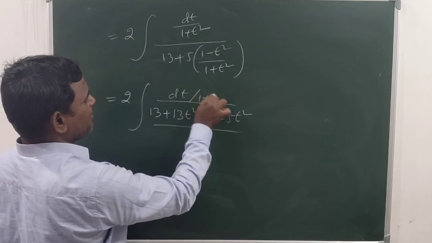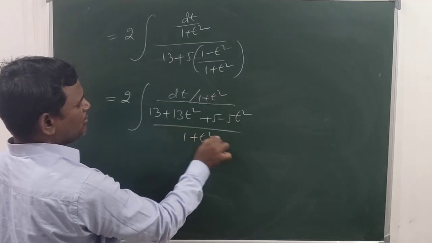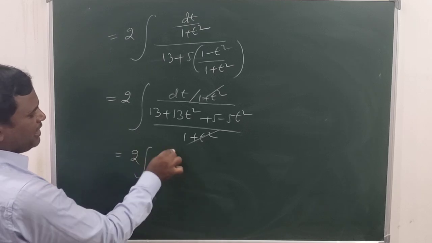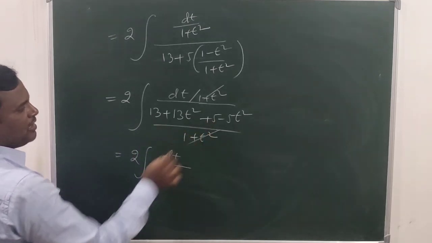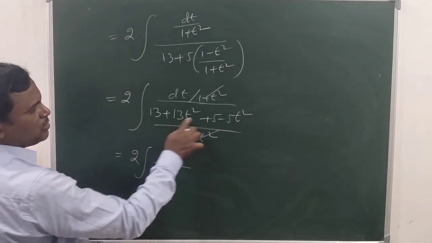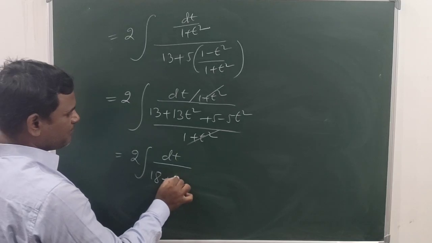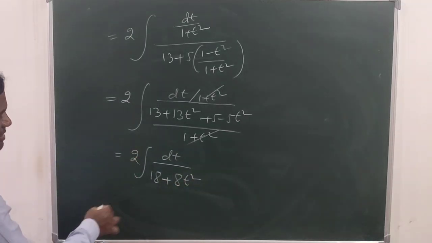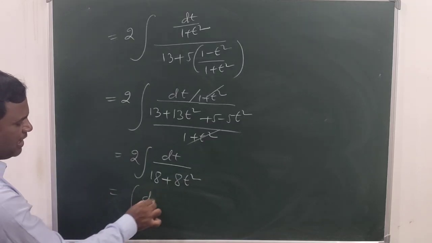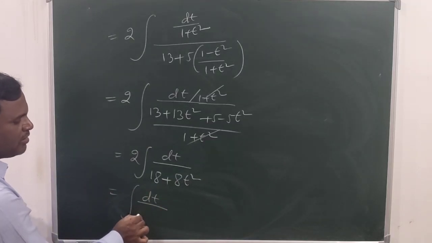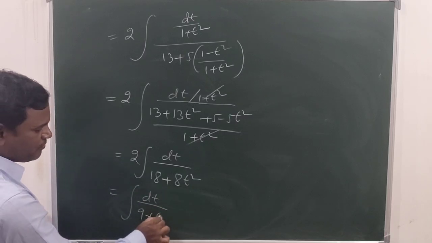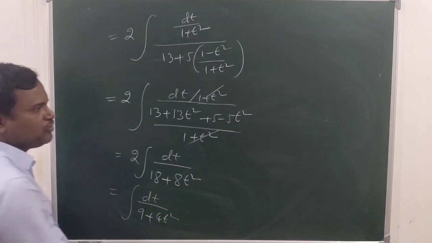In the numerator 1 plus t square is there, here also 1 plus t square, both of them cancel. 2 dt by 13 plus 5, 18. So 13 minus 5, 8t square. Now take 2 common, cancel with this, so what do you get, students? dt by 9 plus 4t square.